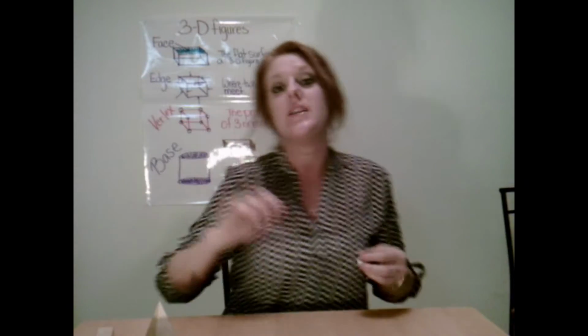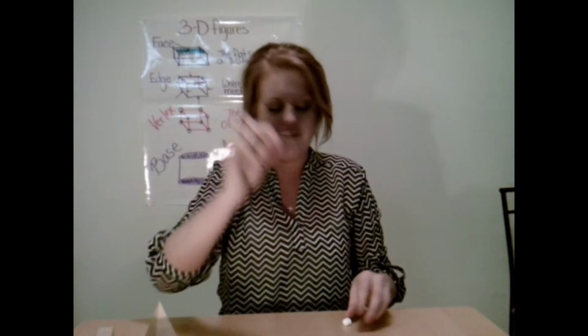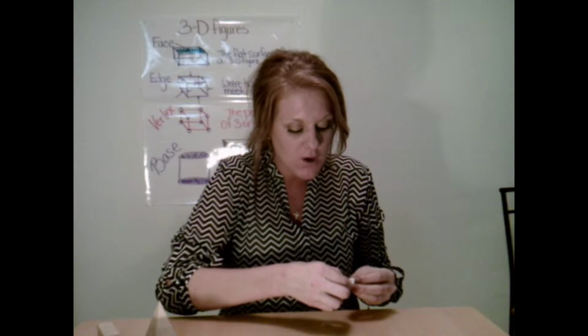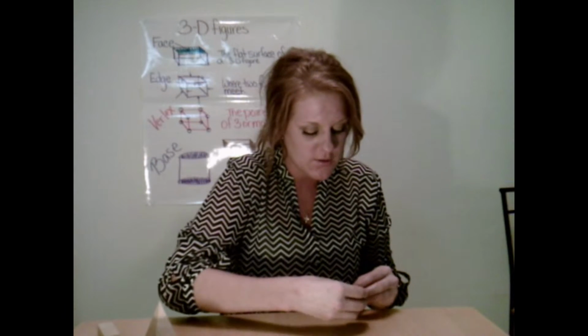Now we're going to make a rectangular prism. We're going to break the toothpicks in half because we need to make the two smaller edges squares. So first we'll make small squares with the toothpicks and marshmallows.